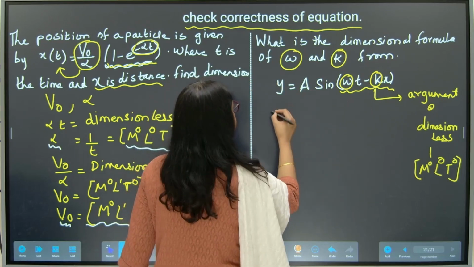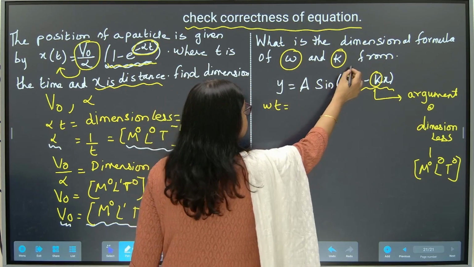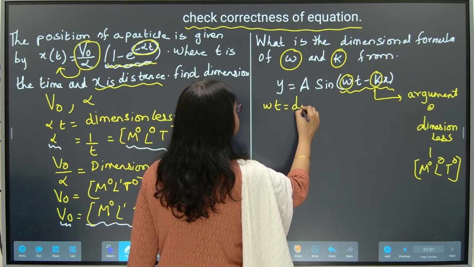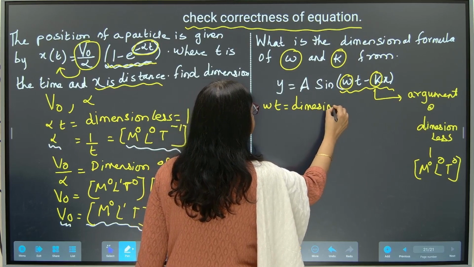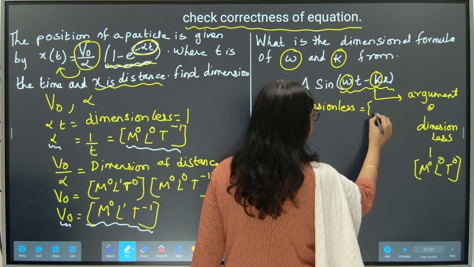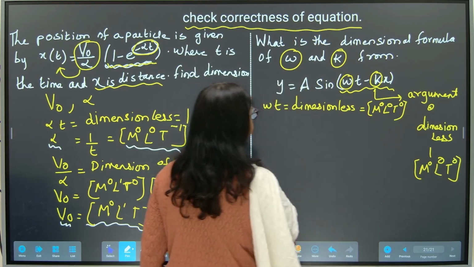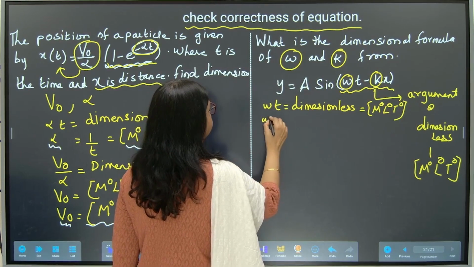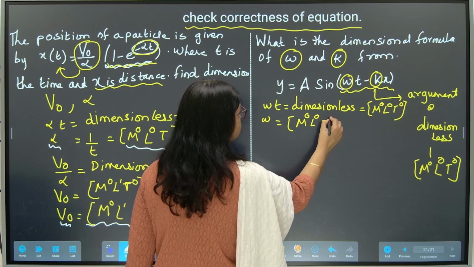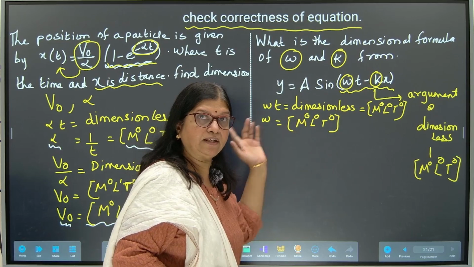This time, let us write it as omega t. The whole term I should write because each are dimensionless. Omega t is dimensionless. So I write it as M raised to 0, L raised to 0, T raised to 0. So I want omega. So I will write it as M raised to 0, L raised to 0, T raised to 0. I could have written it as 1 also, but I just wanted to show that here I have written 1.